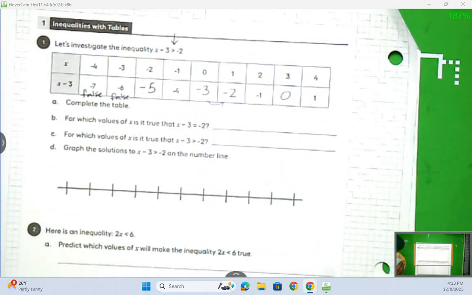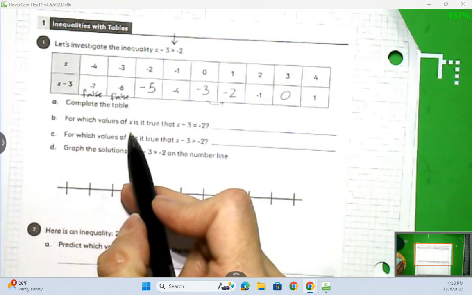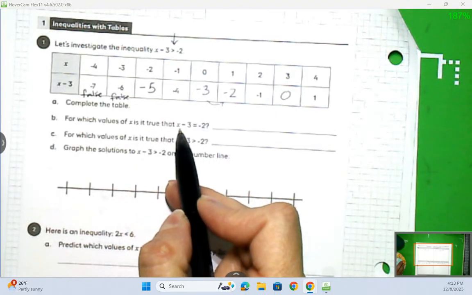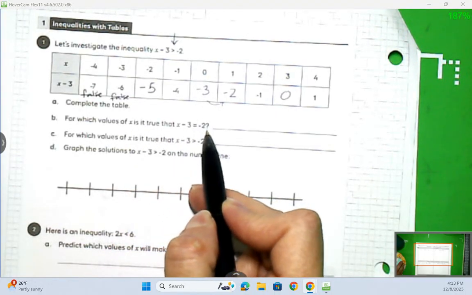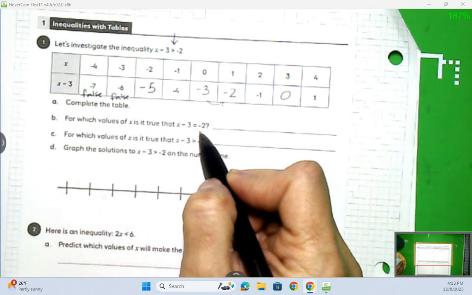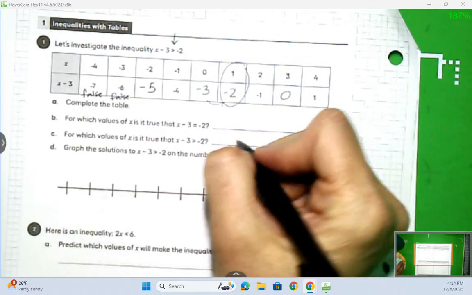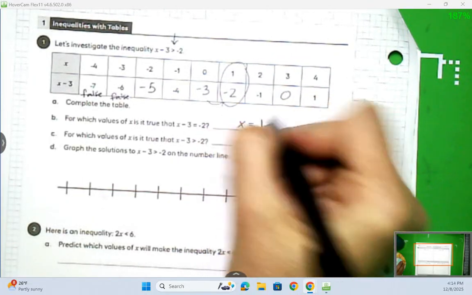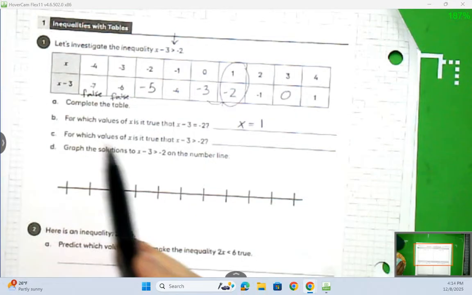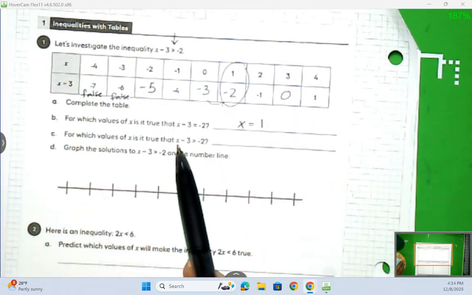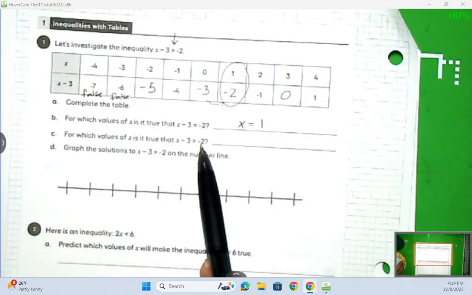Then it says, for which values of x is it true that x minus 3 equals -2? If it's going to equal -2, x would have to be equal to 1 if we were using an equal sign. For which of these values is x minus 3 greater than -2?